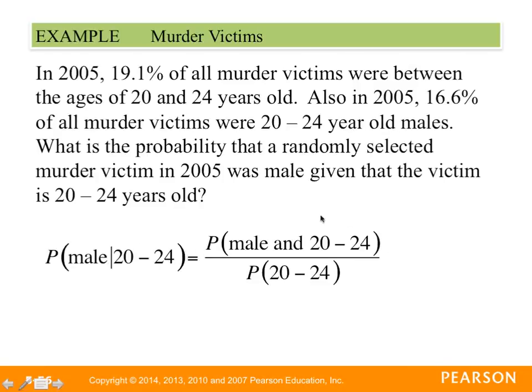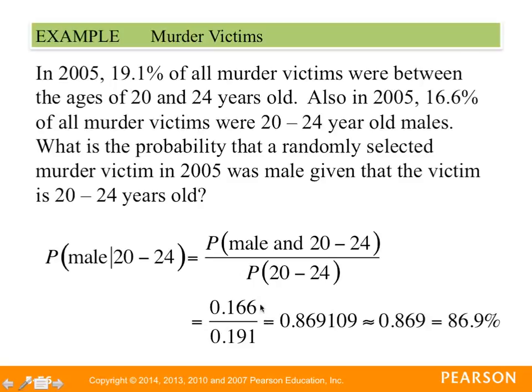We take our overlap and divide by the probability that they are 20 to 24. Our overlap is 0.166, or 16.6%, and we divide that by 0.191. If we divide those, we get around 86.9%.